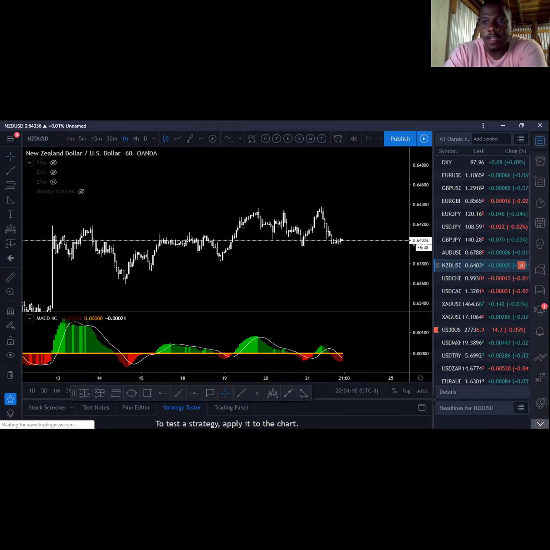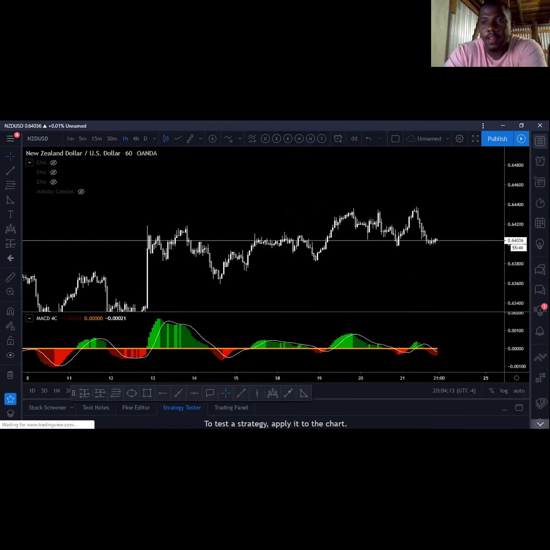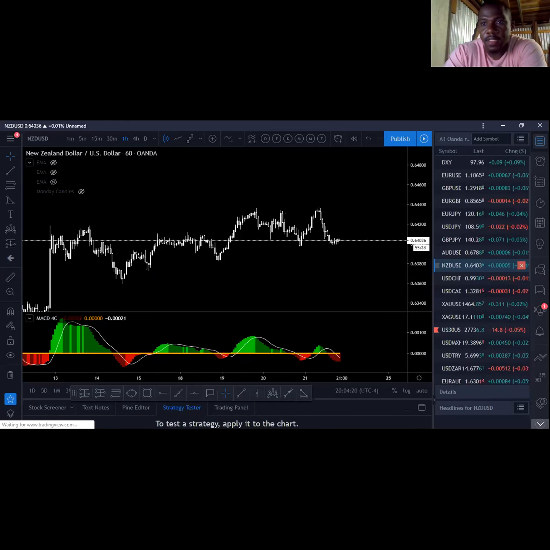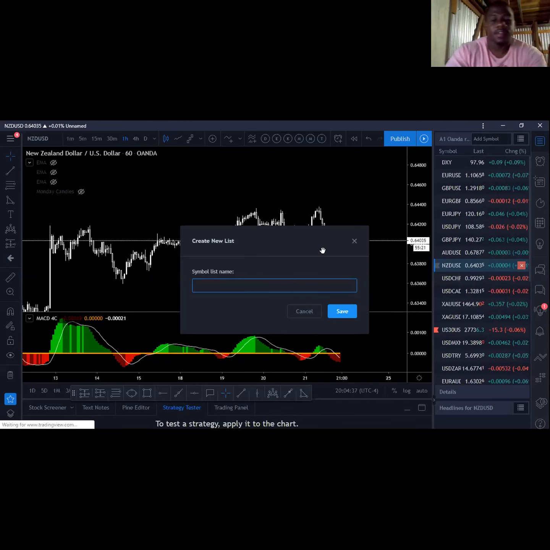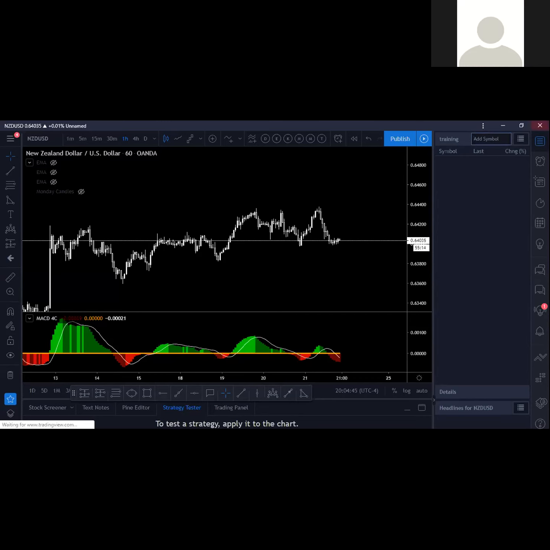Right over here on the right-hand side, you have some different things that you use. I mainly use these two. Depending on how you upgraded your TradingView, you can create a watch list. So if you follow three pairs, you can create a list and add pairs to it. I'll create a new list, called Training.